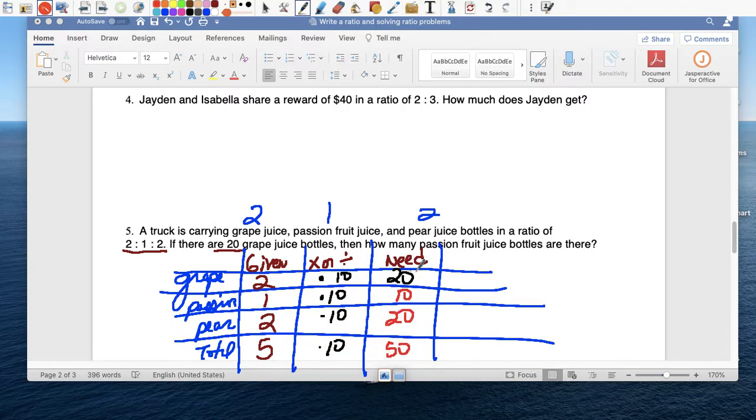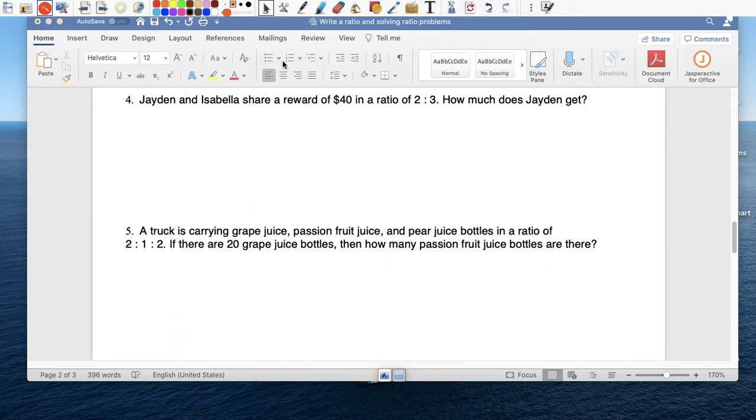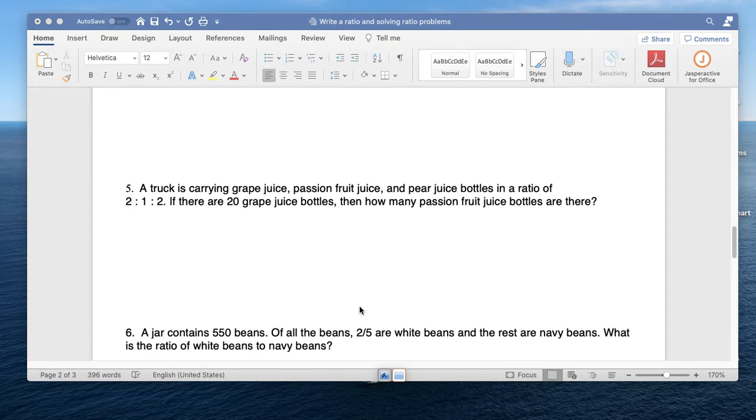So when there's 20 bottles of grape juice, how many bottles of passion fruit do we have? There are 10 bottles of passion fruit. Okay. So I hope you realize that if you make the tables, it makes life so much easier, right?